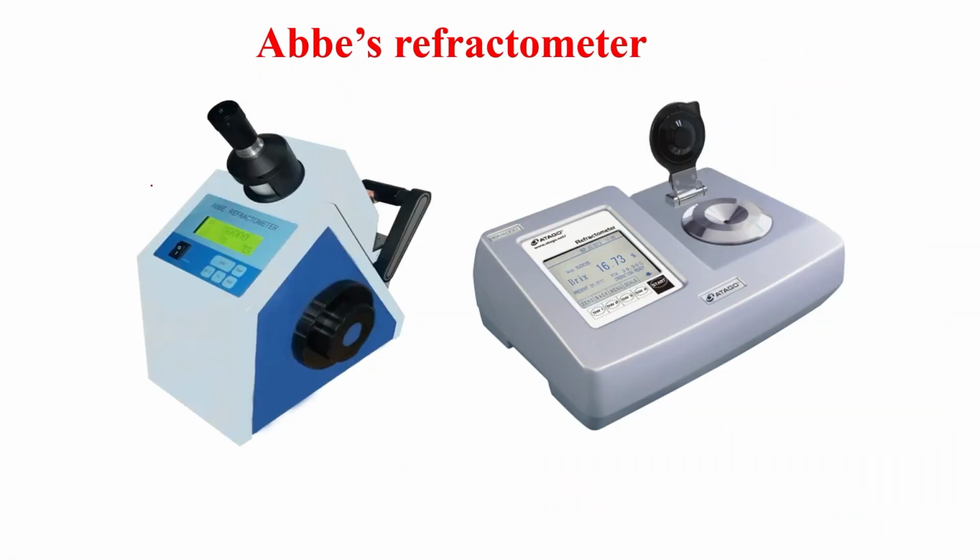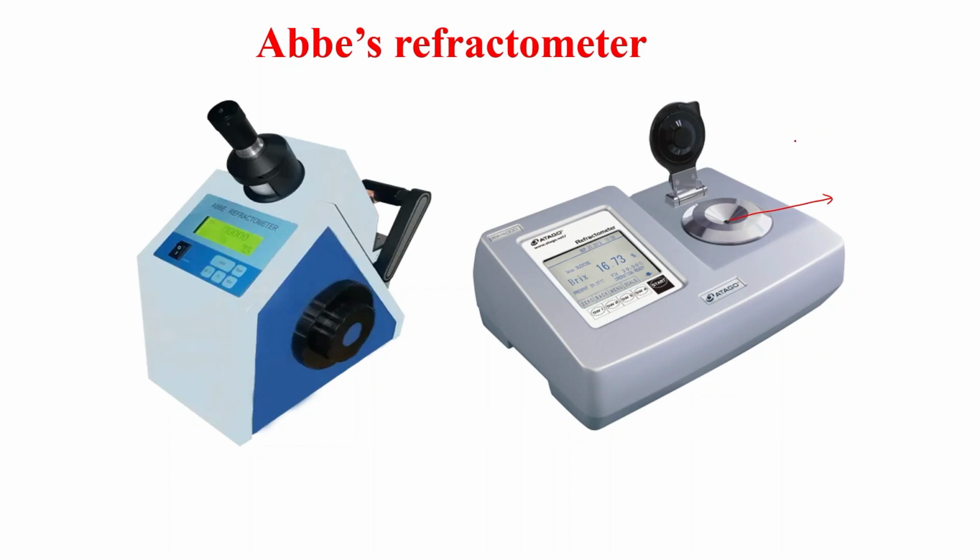Now, we said there are two refractometers, so this is also a refractometer, and here you can see the digital type of refractometer. We place a drop of the sample oil on this prism and then take the reading.